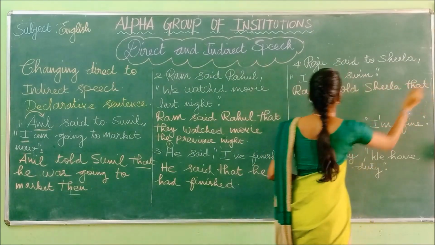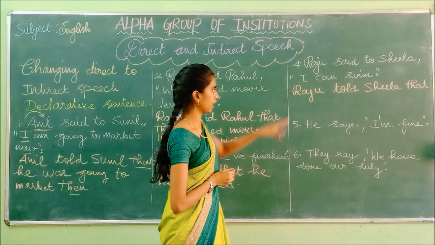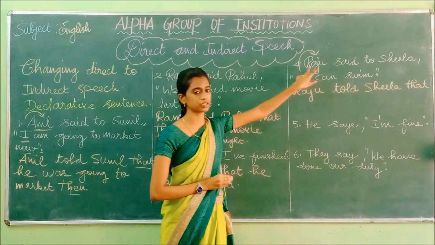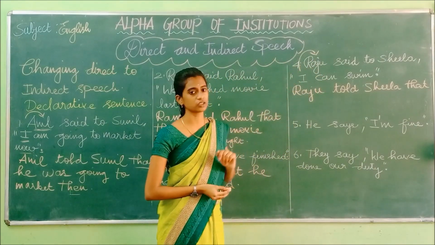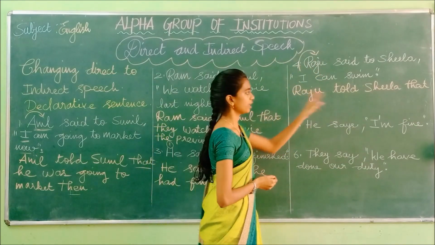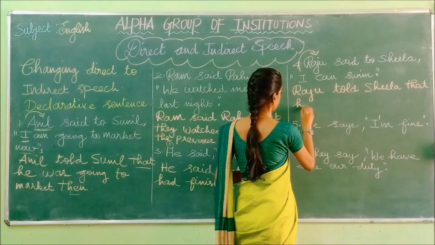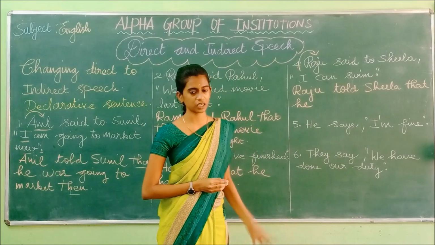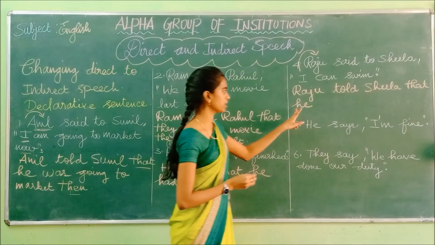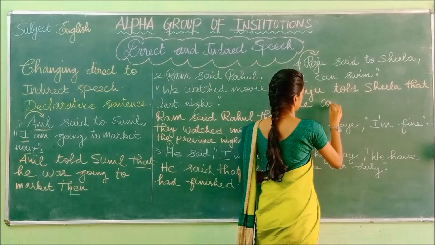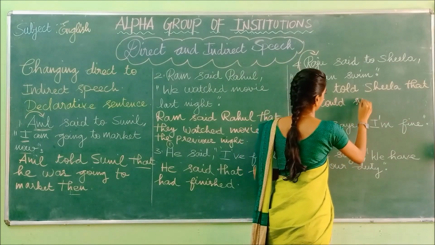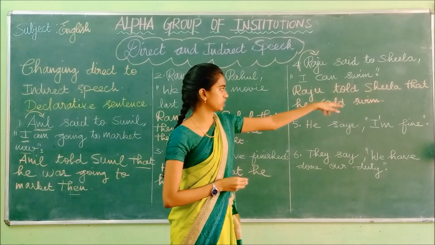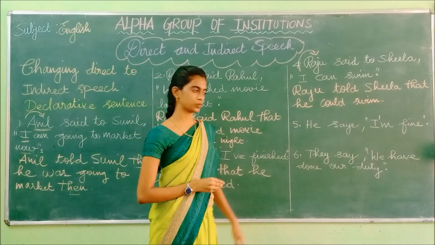Raju told Sheila that I. So "I" refers to the first person here. Who is the first person? Raju. What is the pronoun of Raju? Yes, "he". Raju told Sheila that he. How will "can" be changed into past? Yes, "could". So he could swim. That's all. So Raju told Sheila that he could swim.